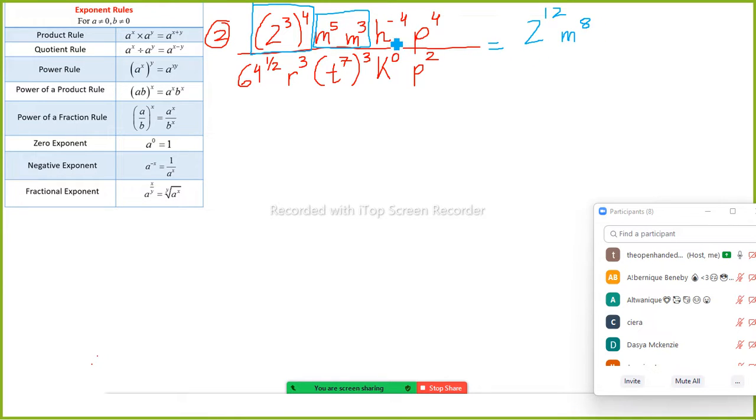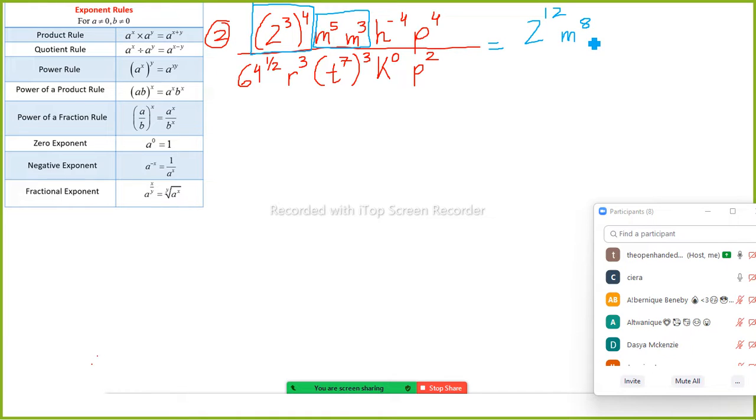Sierra, can you tell me what to do with h to the 4th? Try again. That'd be 1.